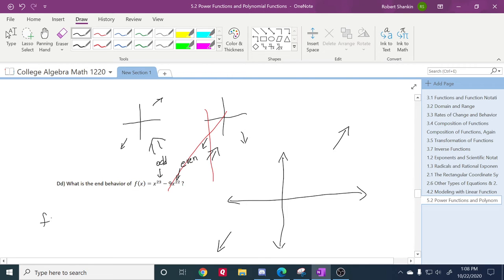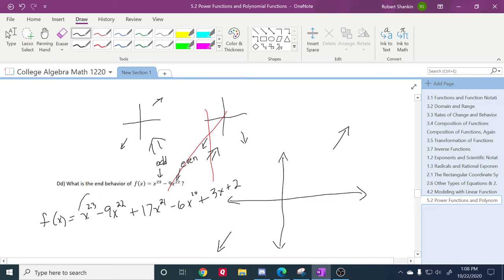Even if this had been f of x equals x to the 23rd minus 9x to the 22nd plus 17x to the 21st minus 6x to the 20th, and suppose I just kept going with huge lots of numbers for all the different powers on down to plus 3x plus 2, none of these would make any difference for the end behavior.